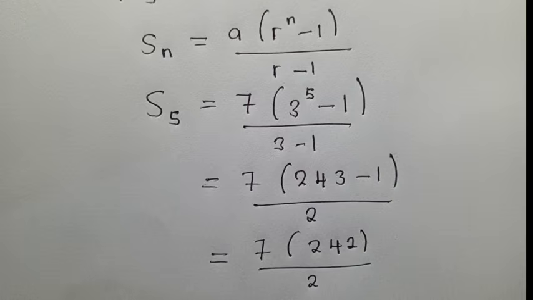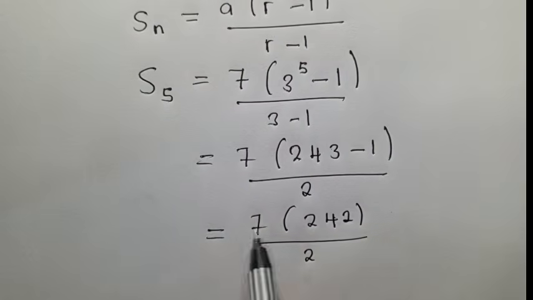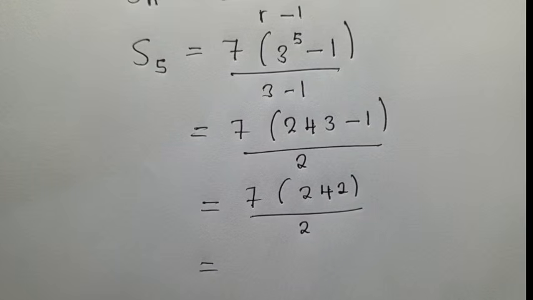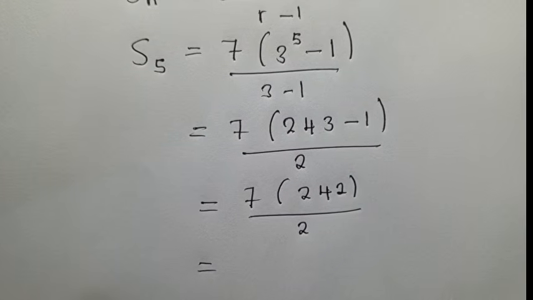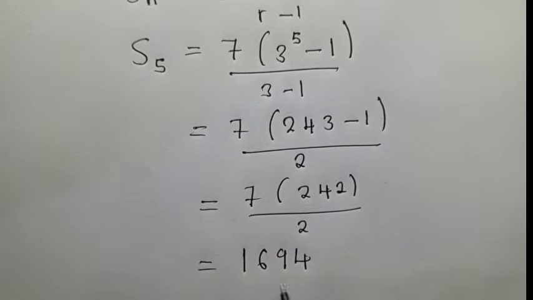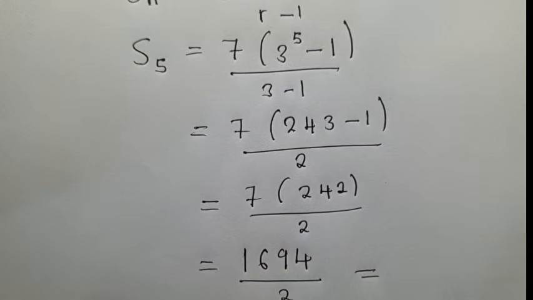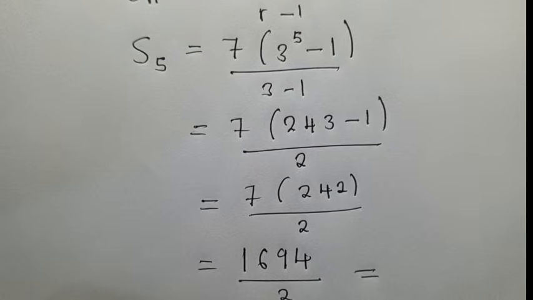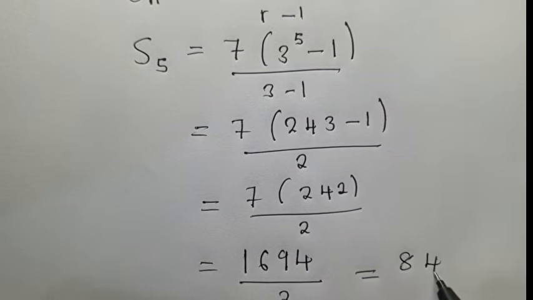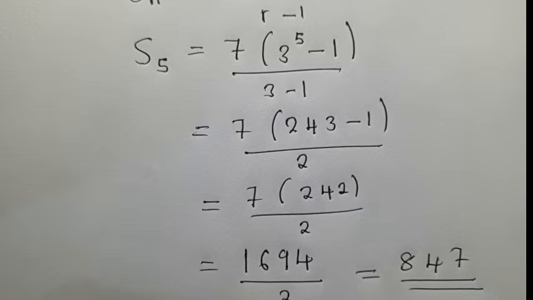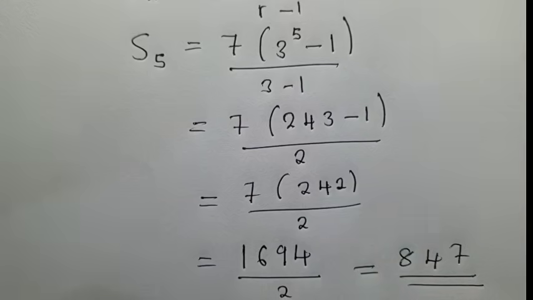When we work this out, we multiply 7 by 242, which gives us 1694. We divide by 2, and our answer will be equal to 847. So this is our answer, 847.